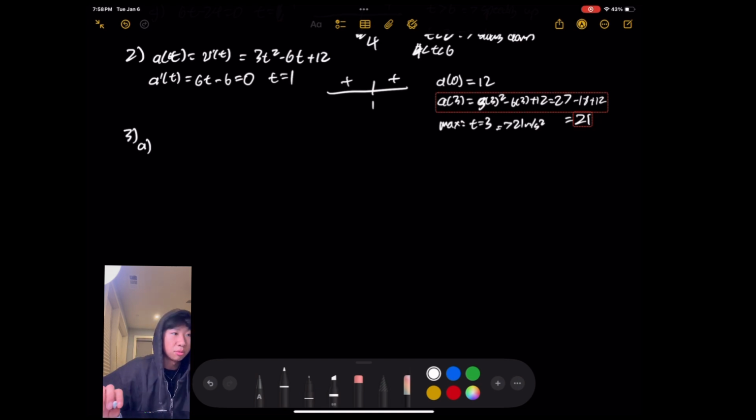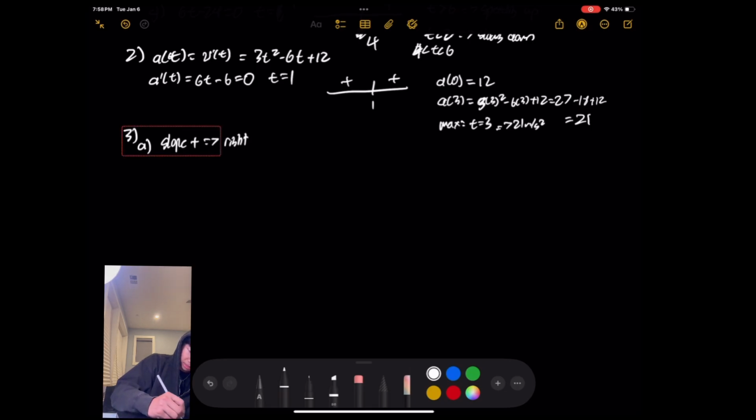So when is the particle moving to the left, right, and still? I just explained it to you. Slope positive, right. Slope negative, left. Slope 0, at rest.